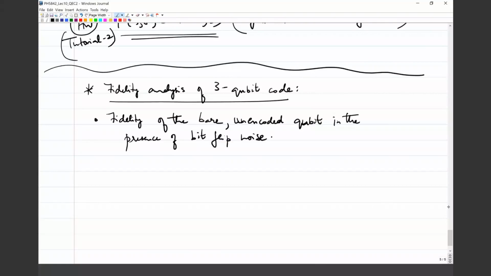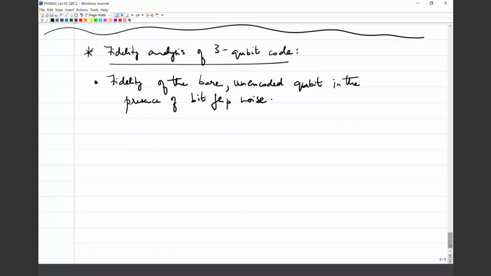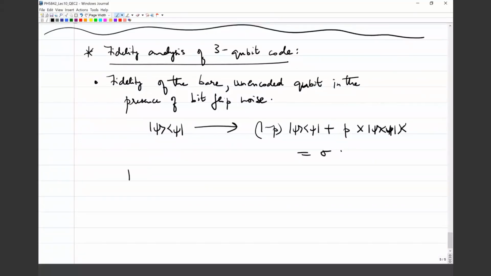So I have a single qubit, which, let's say we start with a pure state psi, and then this goes to (1 minus p) |psi><psi| plus p X|psi><psi|X, right? It's some arbitrary single qubit state. So this is what I will call sigma. And I want to look at F of psi comma sigma.